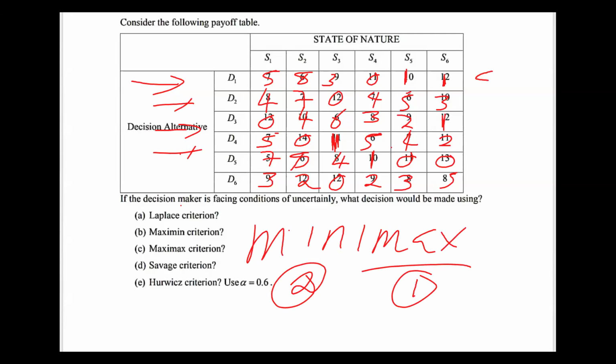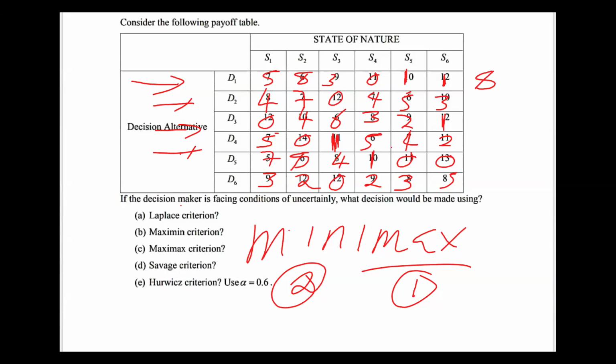It's 8. 8, yes. And the maximum in decision number 2? 8. Are you looking at the decisions or the what? The decisions. Now we are moving along decisions. The states of nature, we were just performing the matrix. The matrix has been formed.